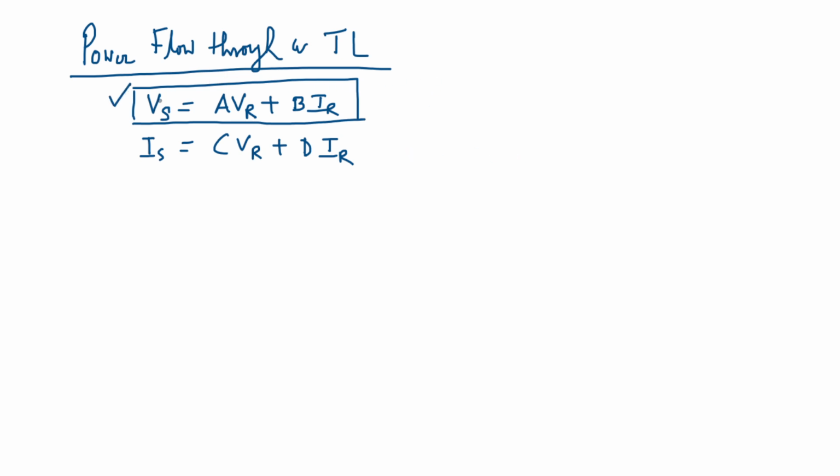Now these are phasors, so we assume Vs equal to Vs magnitude with an angle of delta, VR equal to VR magnitude with an angle 0, because it is a reference phasor.